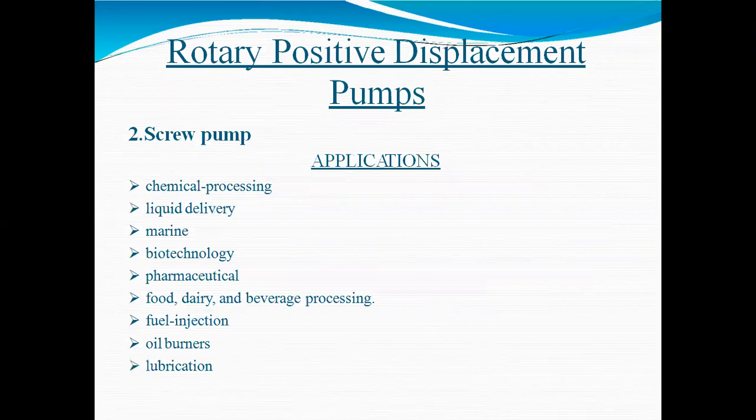Then again, applications of your screw pump. It is used mostly in the hydraulic systems of your lift, elevator, press, crane. And in the pharmaceutical industry, chemical processing plant, marine industry, food industry, then fuel injection system.